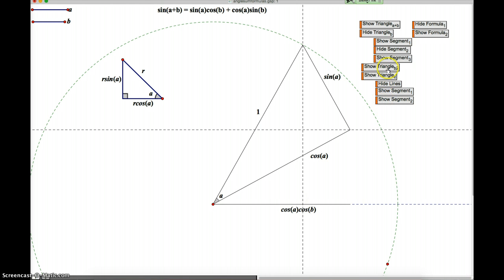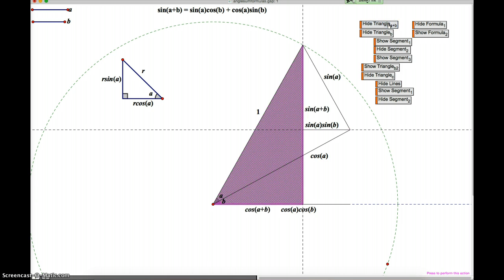If we pull up these two triangles, we found earlier that this side, the base of this teal triangle, must be the sine of A times the sine of B, since it's opposite the angle B, whose hypotenuse is the sine of A. Then if we pull up the gold triangle here, I'm going to move this just a little bit out of the way.